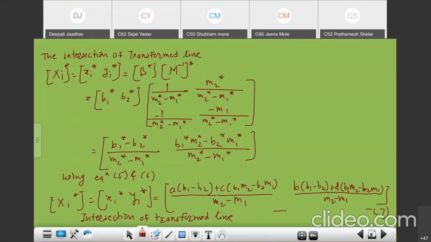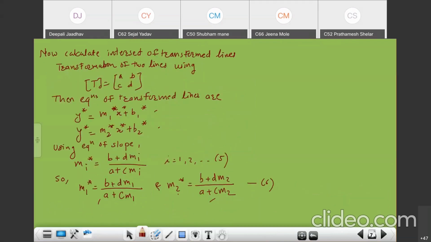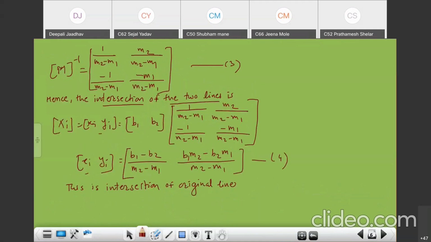Now see, the original line intersection we have already calculated. So this is equation number 4. This is the intersection of the original line. Now this intersection we transform using the T matrix A, B, C, D, and we are going to see what value we get.